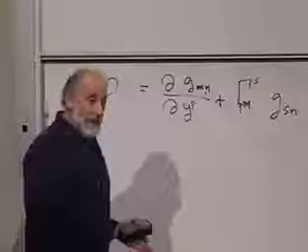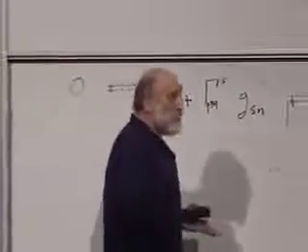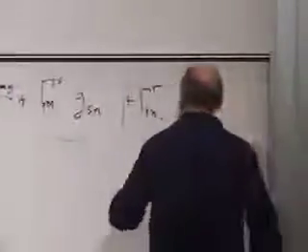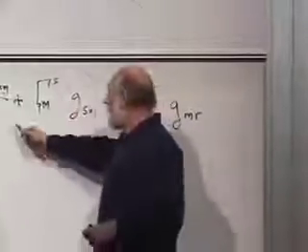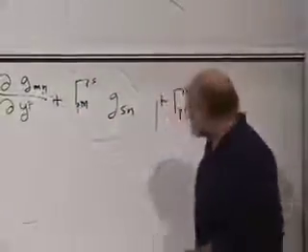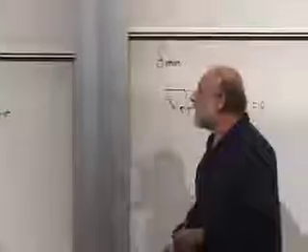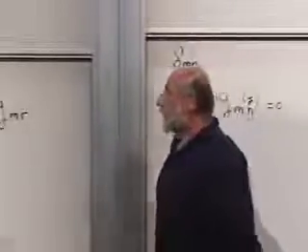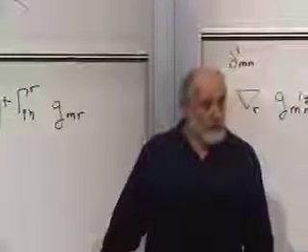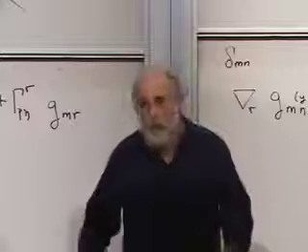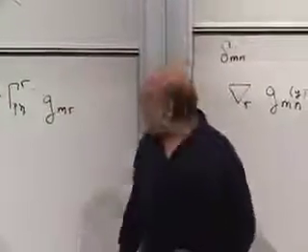This is an identity which, if you struggle with it a little bit, you can actually solve for gammas in terms of derivatives of G. I'm not going to work it out on the blackboard. It's a little bit tedious. You can either look it up in a book or you can try working it out yourself.